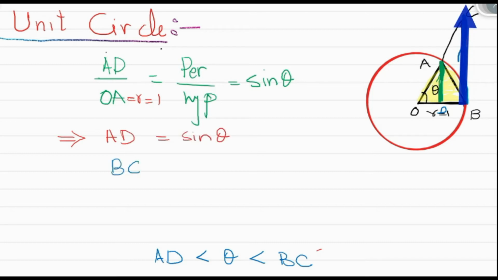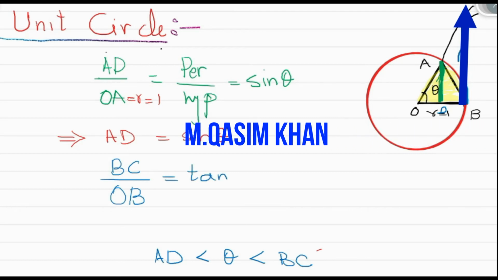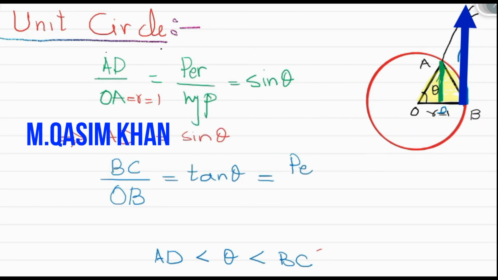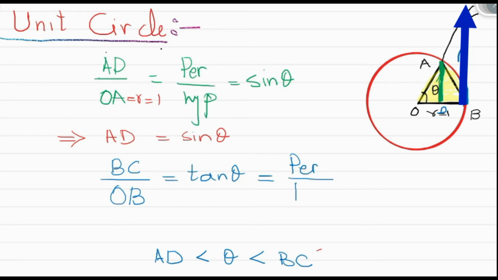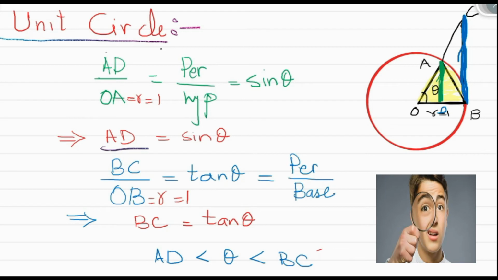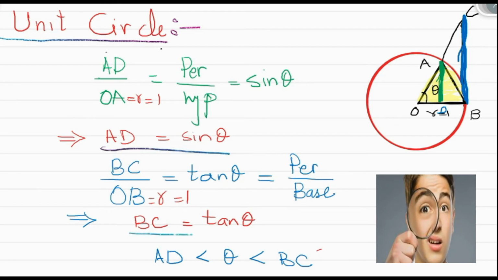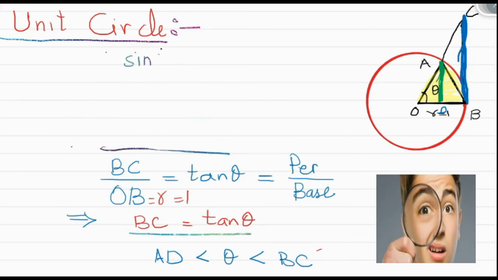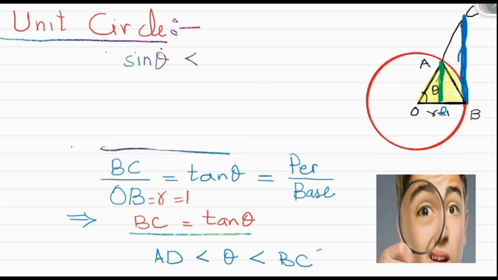In a similar fashion, the ratio of BC with base OB is tan theta, as it is the ratio of perpendicular and base. Again OB is the radius of the circle, so BC equals tan theta. Now I substitute these values in the inequality. So I get sine theta is less than theta, which is less than tan theta.